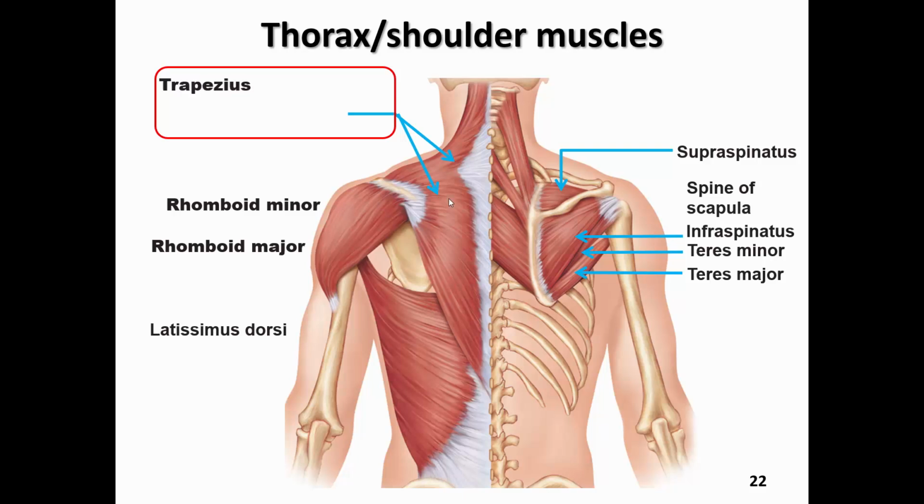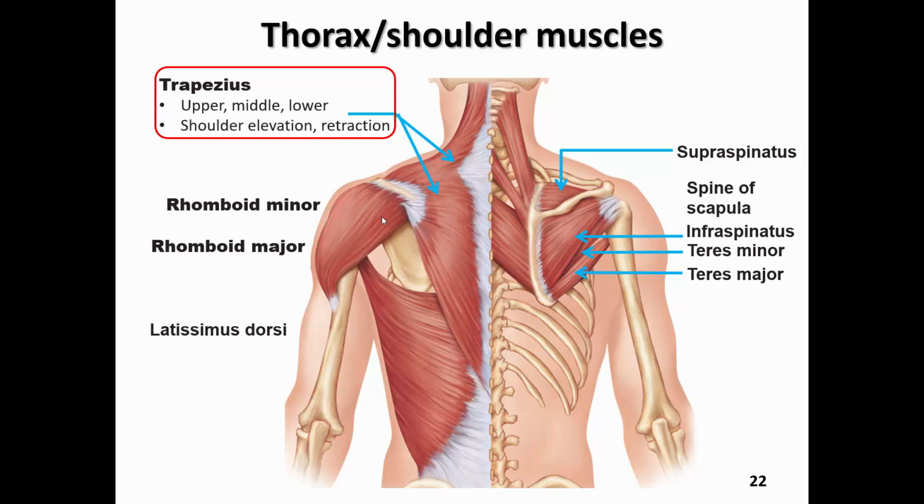The very large muscle that you see here drawn on the posterior side is the trapezius muscle, and it's a very broad muscle that extends from the occiput, or the occipital bone, as far down as the lower thoracic vertebrae. It is divided into the upper, middle, and lower portions.